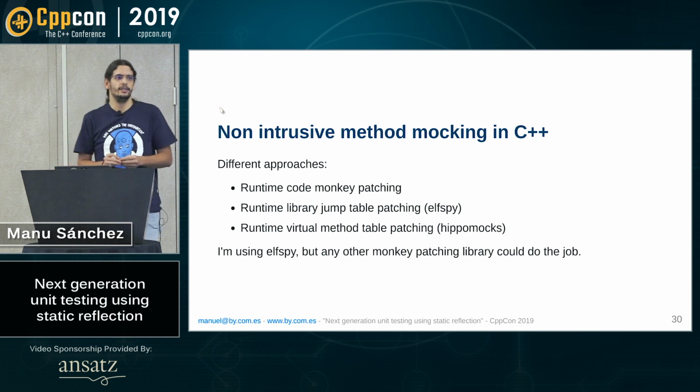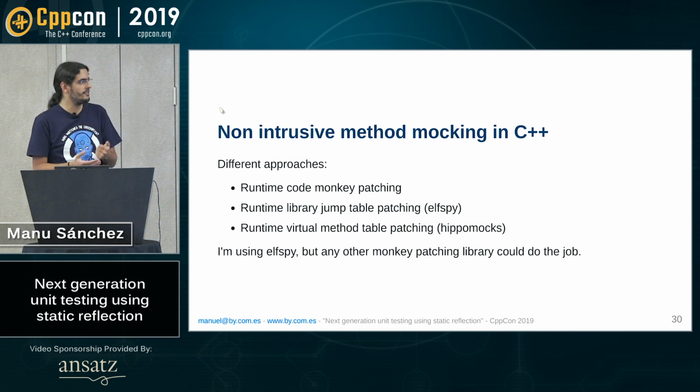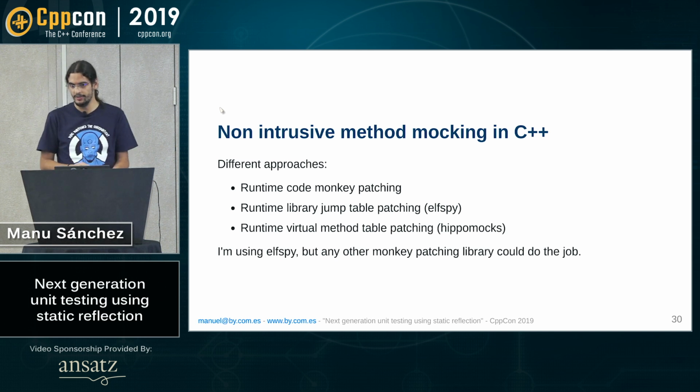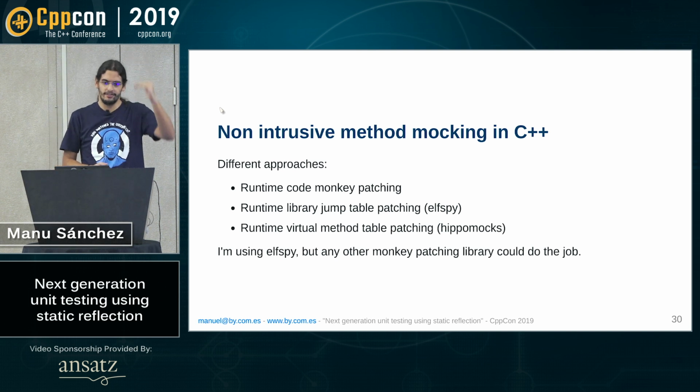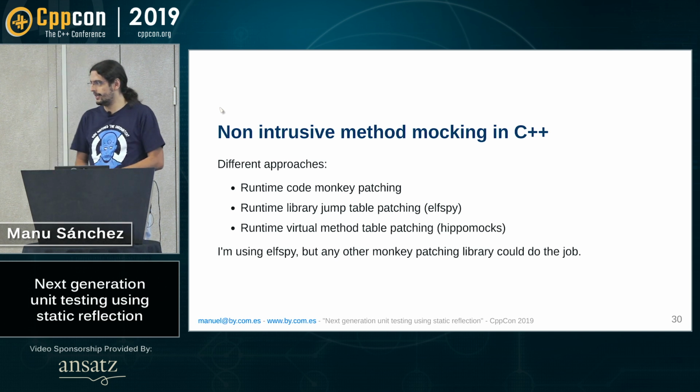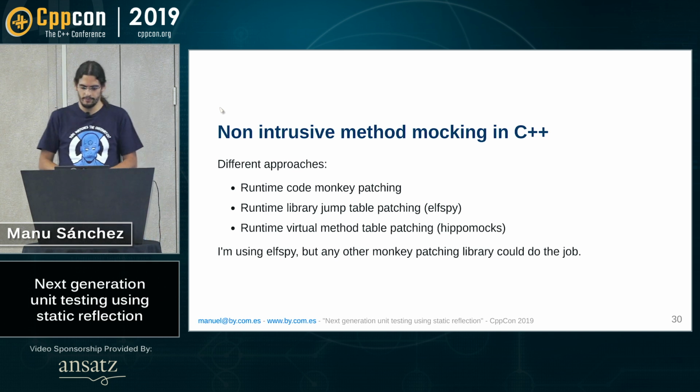You can do direct monkey patching of executable code at runtime. Okay, you can get your executable, patch the code, remap it to the virtual memory space, and rerun it. Okay, this is cool, but hard. I don't recommend it. Okay, well, if you do it for fun, it's fine.